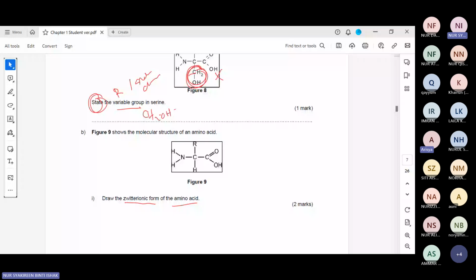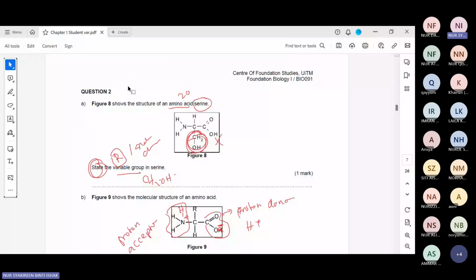Miss, madam. Untuk variable group tu, jawapan dia boleh jadi R group ke? Tak boleh sebab R group tu dia basic formula of an amino acid. If a question gives you a diagram, it means that the diagram gives you information.